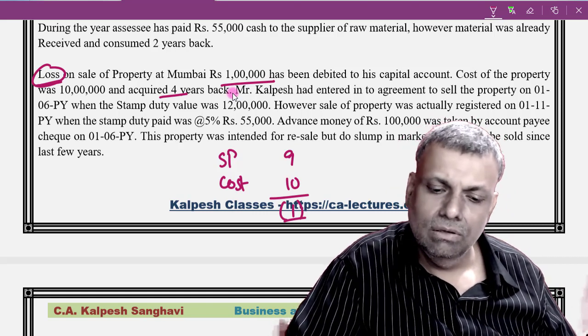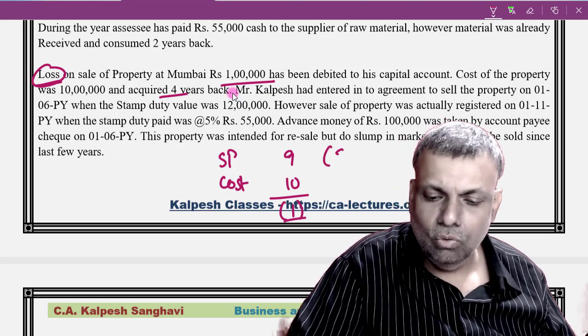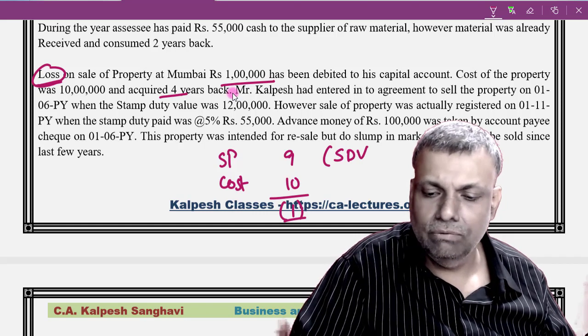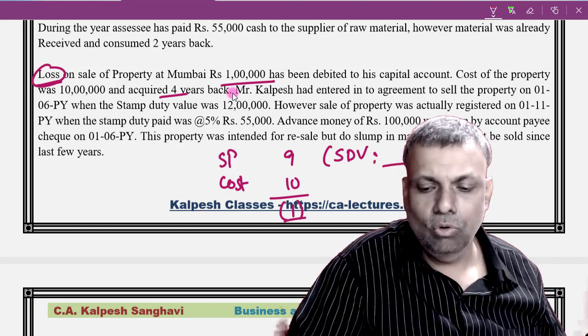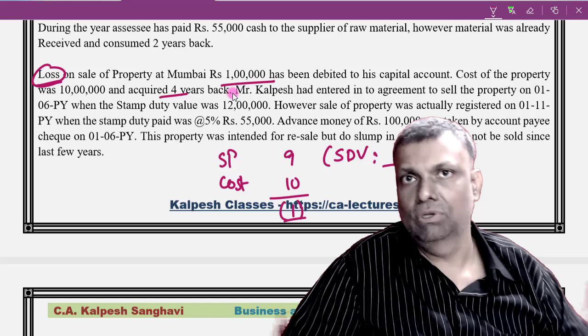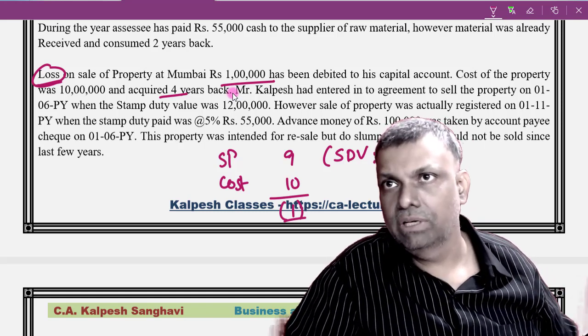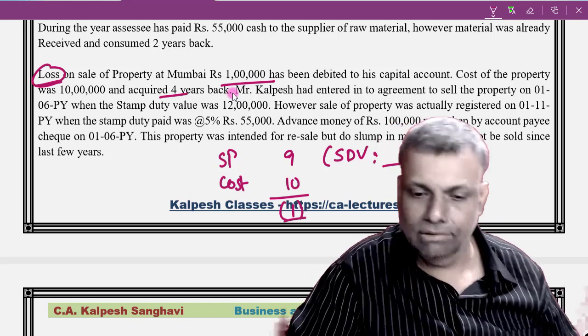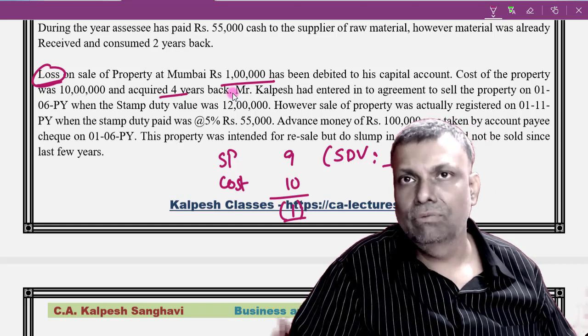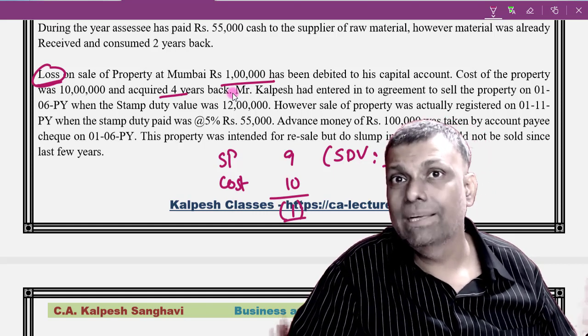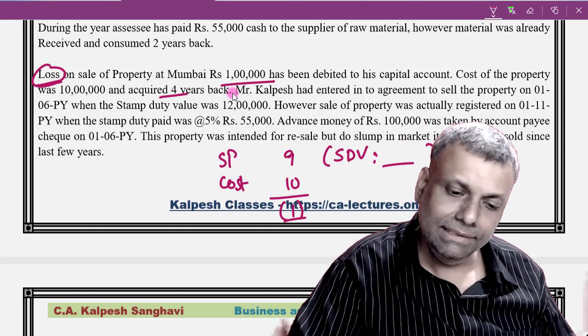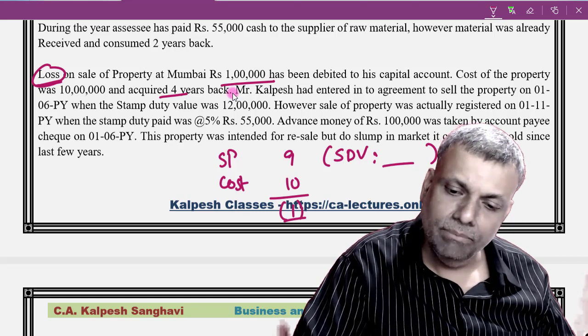Now, instead of the selling price, we want to have a stamp duty value first of all. Okay, we want to compare it with the stamp duty value first of all. Then we have to check whether stamp duty value is more or less. Okay. Now, this stamp duty value, friends, we can have it on two separate dates. One is on the date of the registration.